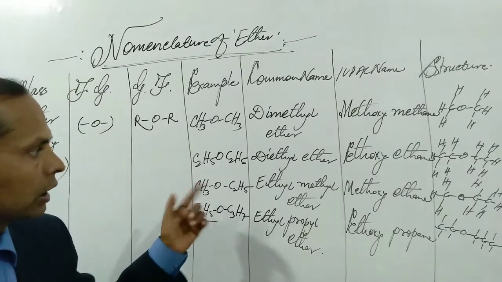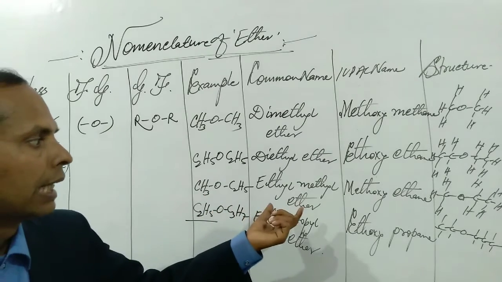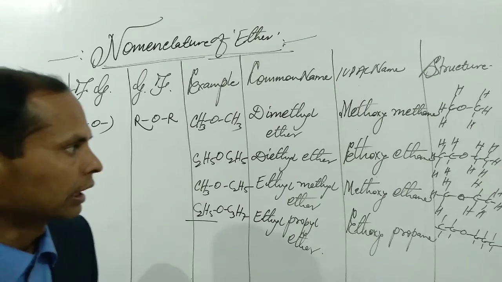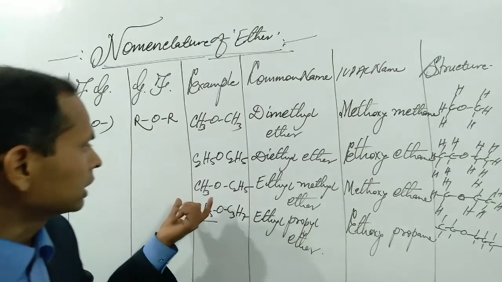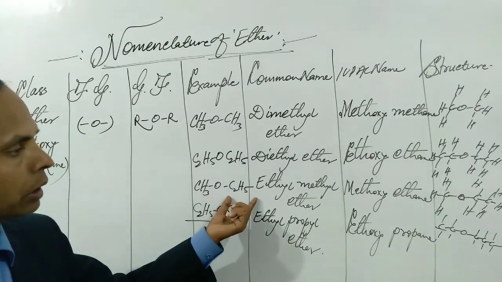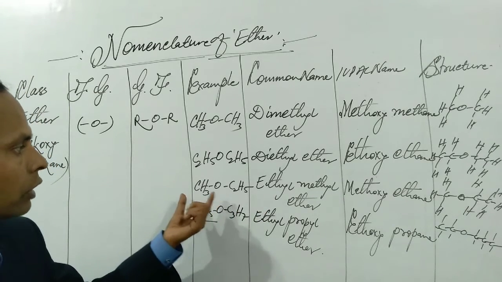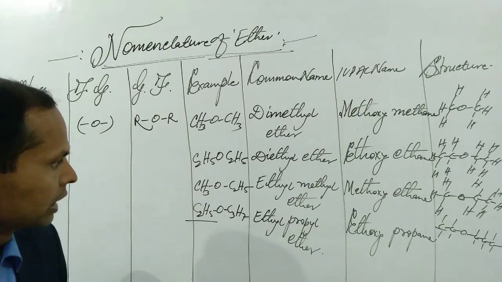So the common name is ethyl methyl ether. But in the IUPAC name, oxy is used for the lower carbon group and ane for the higher carbon group. So the IUPAC name of such a compound is methoxyethane.